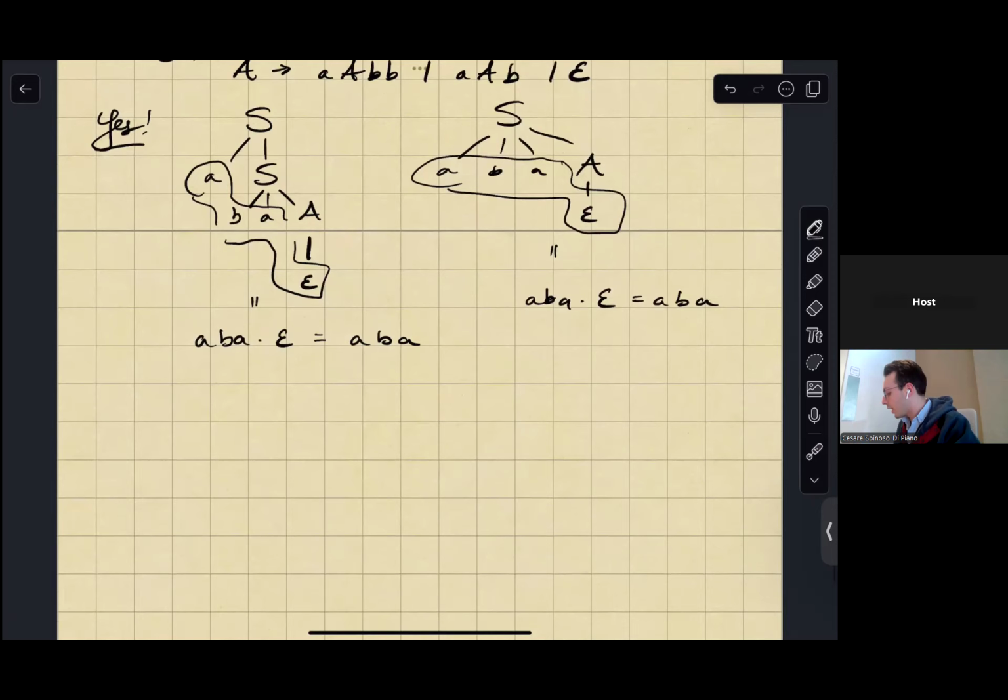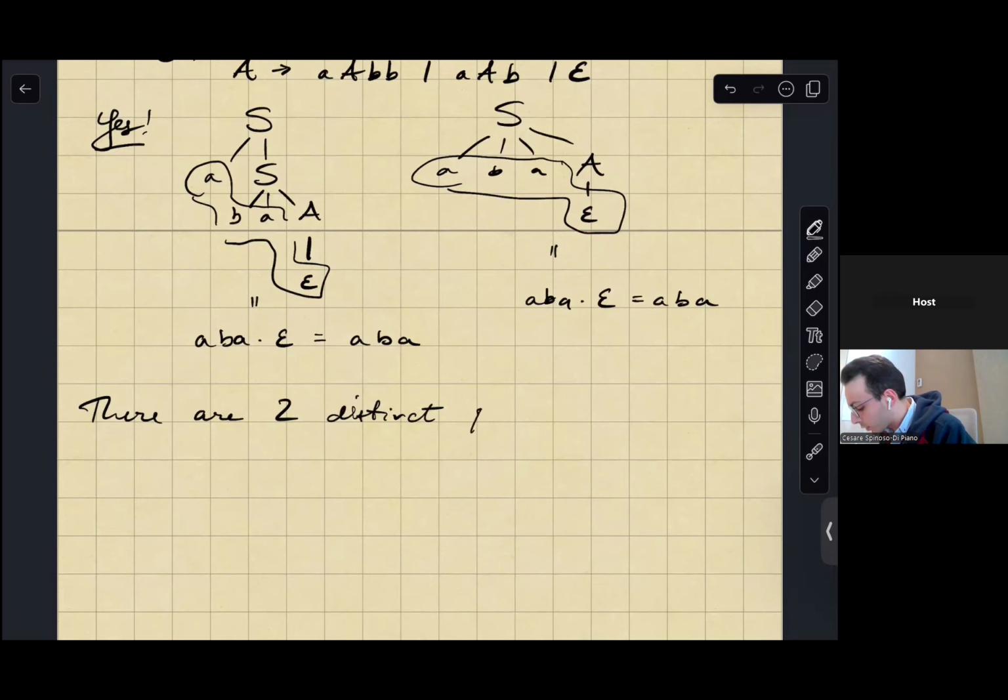So yes, because there are two distinct parse trees for ABA.